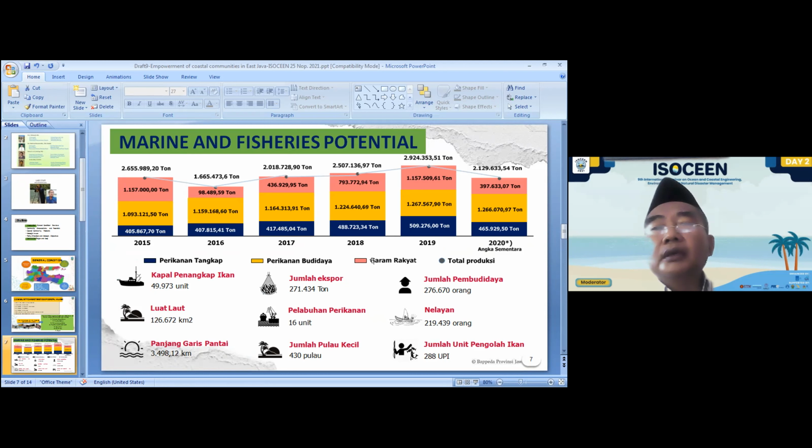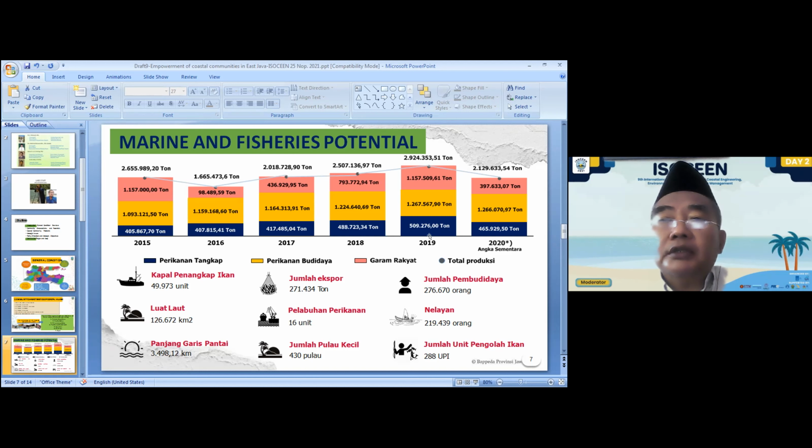Yes, this is pink. The purple is salt, which in East Java is mostly in Madura, and then Lamongan and Tuban, not so much if we compare with Madura.